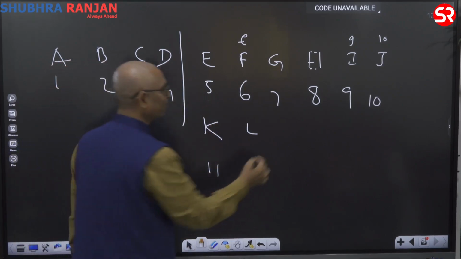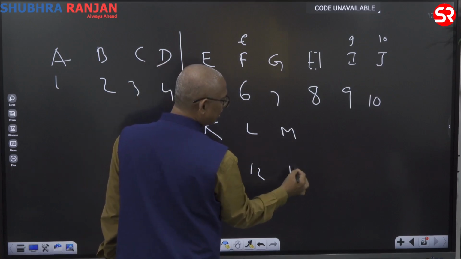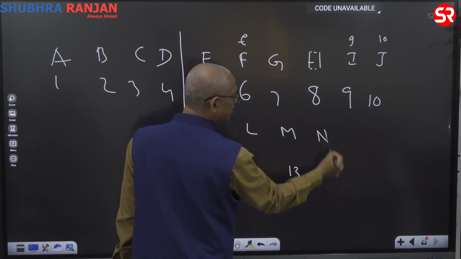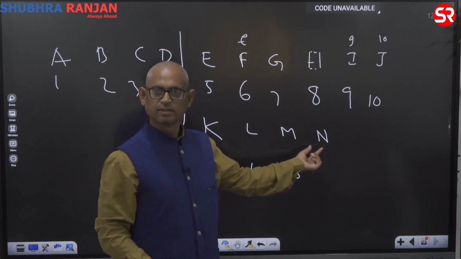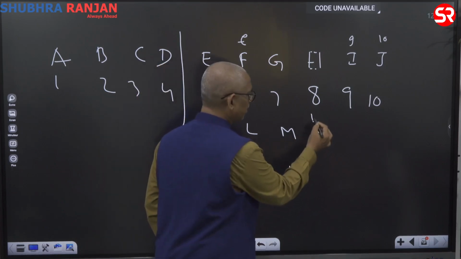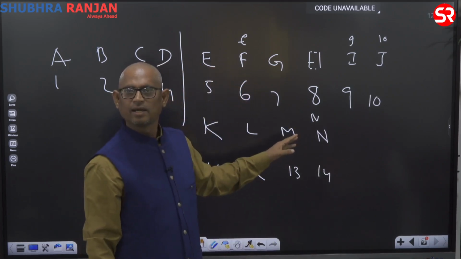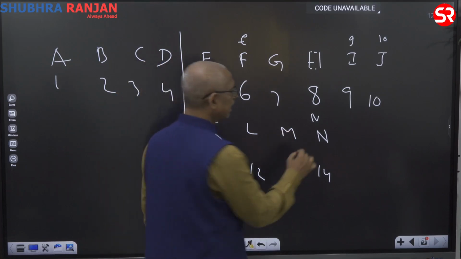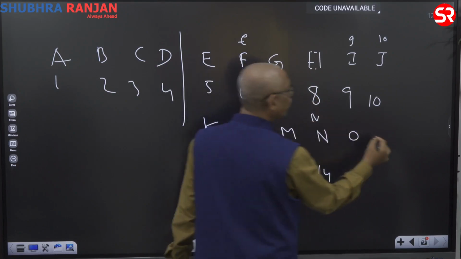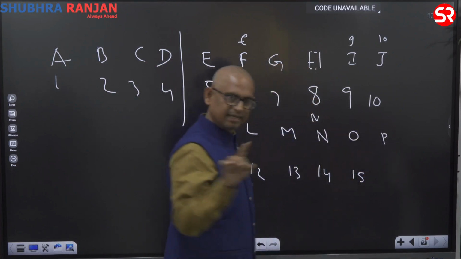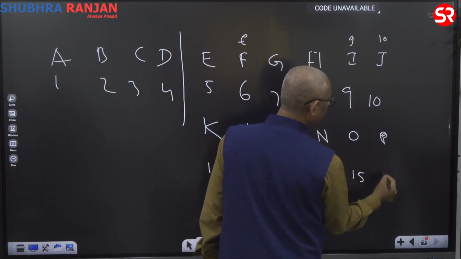Next M. M means, tell me, already 3 is there. 13. N means, this is a Roman 4. It's a Roman 4. So it is 14. Okay. Got it? Next. O. O means already we know, that is 15. EJOT. O. P. P means again 6. P 16. Again 6 only. This is 1. So 16.